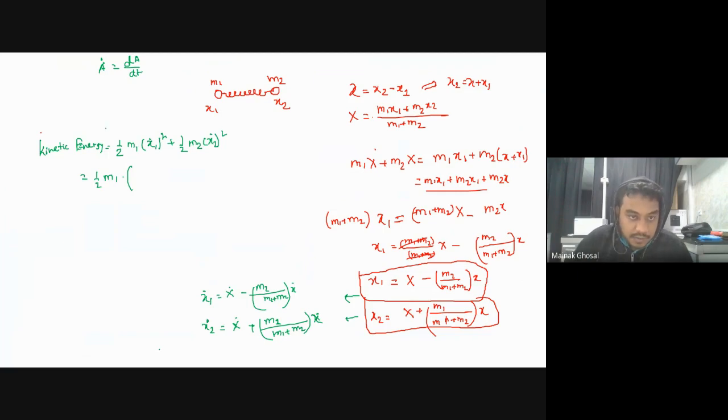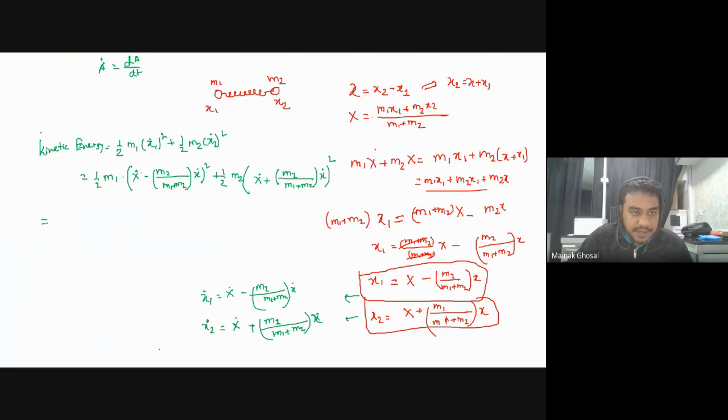Now I am just squaring it up. So half m1 into X dot minus m2 by m1 plus m2 into small x dot, squared, plus half m2 into X dot plus m1 by m1 plus m2 into small x dot, squared also.